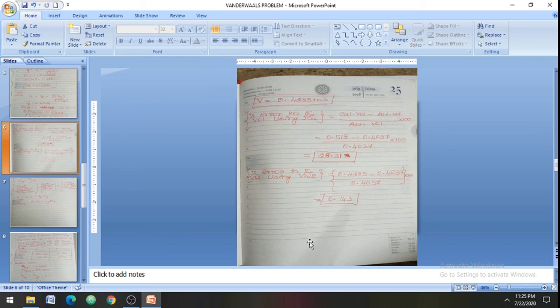Substitute these values and the answer is 6.143. This is the percentage error in the volume using the Van der Waals equation. Okay. So compare which one is the higher error. The ideal gas law has the higher error compared with the Van der Waals equation.